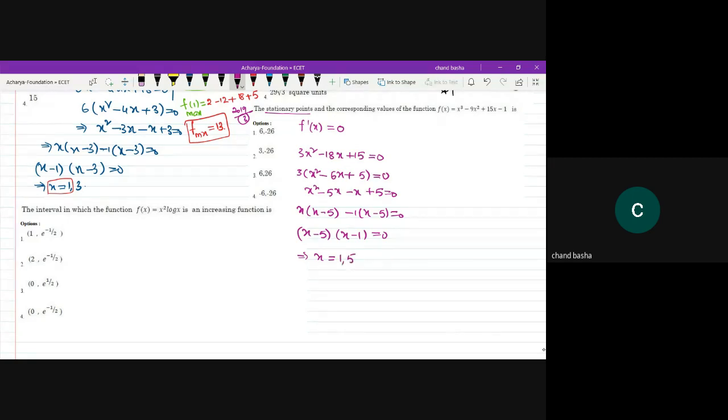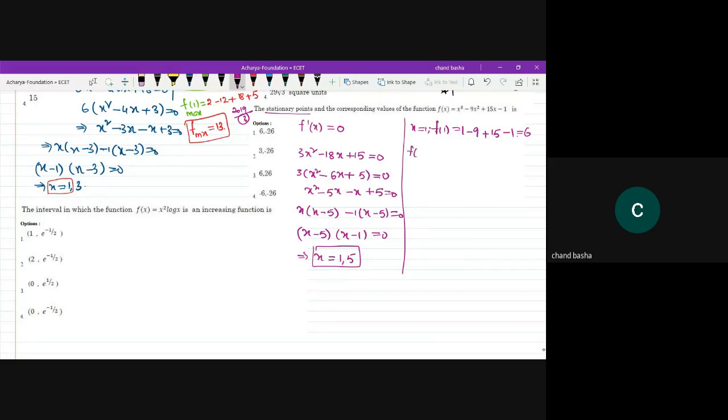The stationary points and the corresponding values of the given function. When x is equal to 1, f of 1 is equal to 1 cube minus 9 into 1 square plus 15 into 1 minus 1. That is equal to 6. First value.